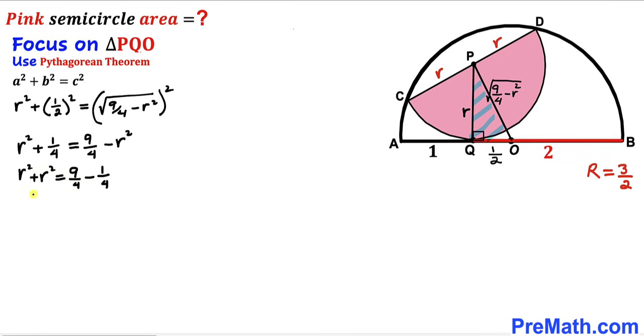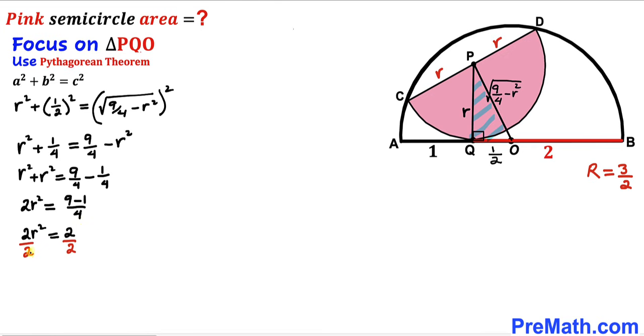On the left hand side we are going to have 2 times r square, and here we can write this thing 9 minus 1 divided by 4. And now let's focus on this right hand side. 9 minus 1 is 8 divided by 4 is going to be equal to 2. So therefore we can write down 2r square equals to 2 on the right hand side.